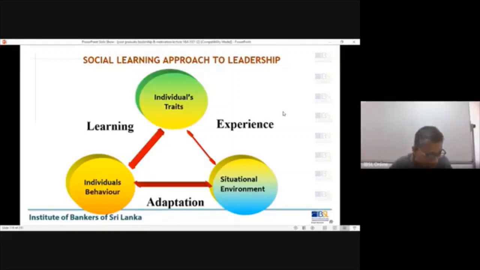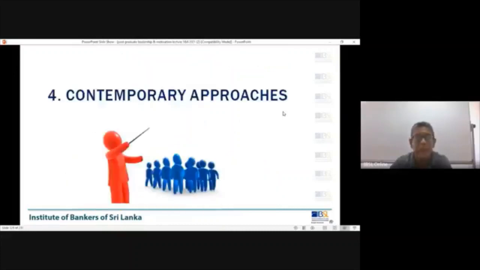Basically, there is nothing much, but they have taken these three factors we have learned together. That approach we call the social learning approach. Most of the time, we use a mixed approach, something like that, right? So that's the social learning approach.